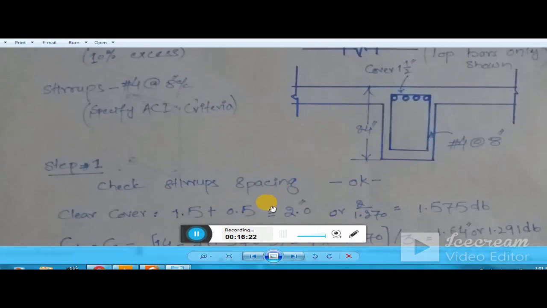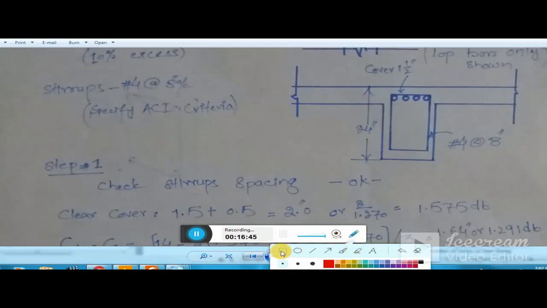how to calculate clear cover. So you have 1.5, that is your cover, and 0.5 is your stirrup size. So adding that, you will get 2 inches. Remember, this cover is calculated. Let me draw the beam section.